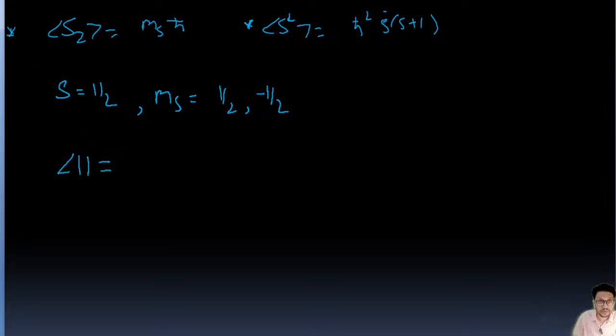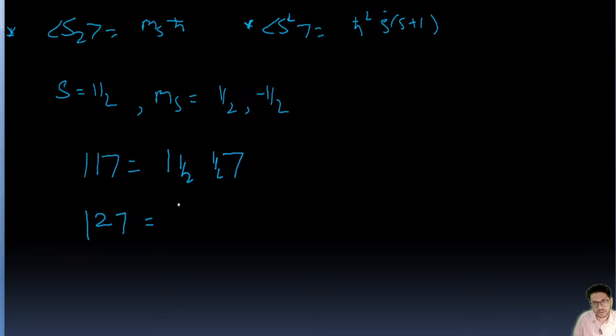State 1 is |s, ms> with s half, ms half, and state 2 is half comma minus half.